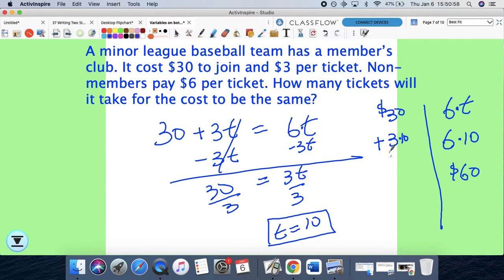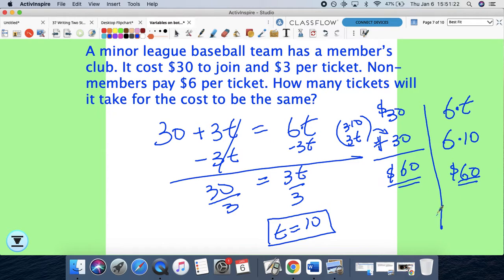So let me rewrite that. Now write 3 times 10 over here so that you know how we got to 30. So notice that at 10 games, you both spent $60, whether you were a member or not.